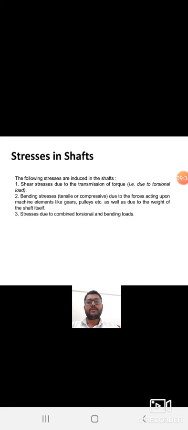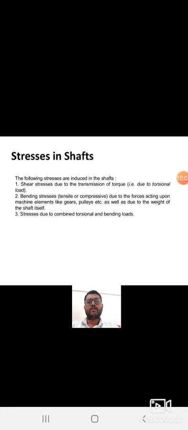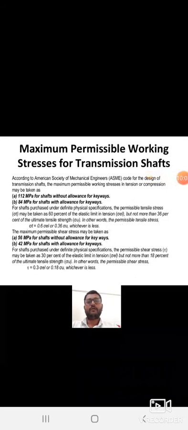The second important stress is bending stress, which is due to the forces acting upon machine elements like gears, pulleys, etc., as well as due to the weight of the shaft itself. Here bending stress is due to tensile or compressive forces. The third important stress is stress due to combined torsional and bending loads.